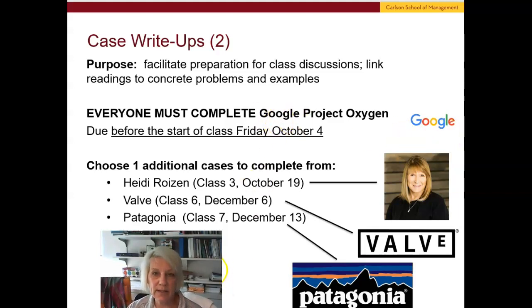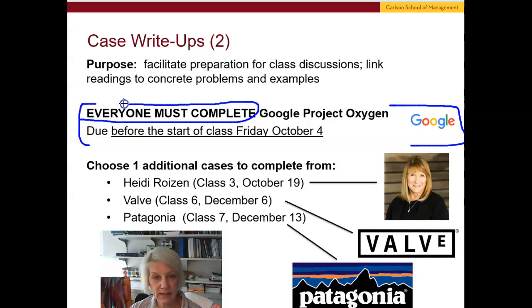When we look at the cases, as I mentioned, there are 4. The first one that we have due, this is an important detail, is that on our first day of class, our first meeting, everybody needs to complete the Google Oxygen case. Why I do this is that we are all equally prepared for our first meeting.